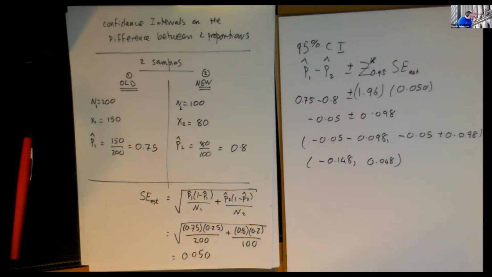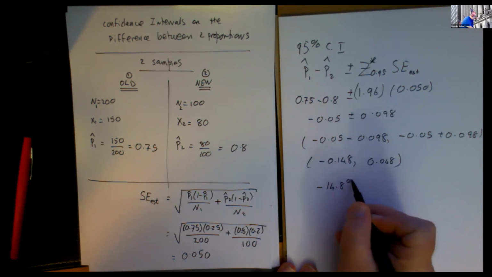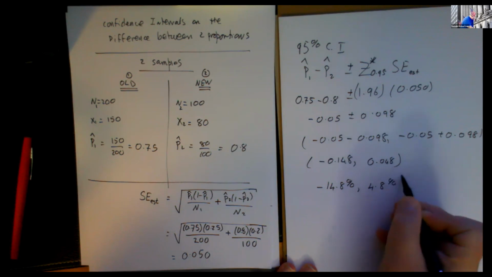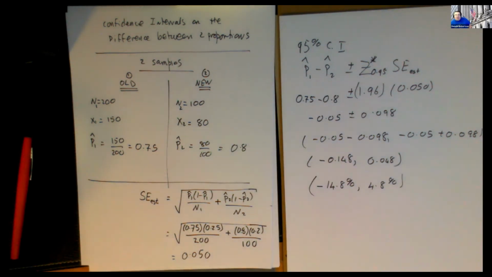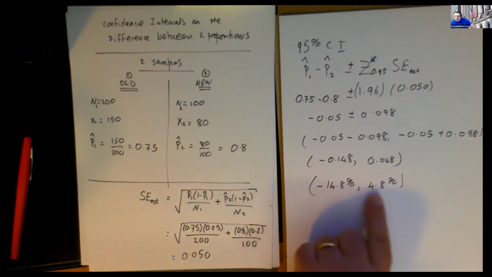Now, I'm just going to convert decimals into percentages because to me, it just is easier to see what's going on. So the 95% confidence interval is that the difference between these two could be a negative 14.8, or it could be as high as a positive 4.8.